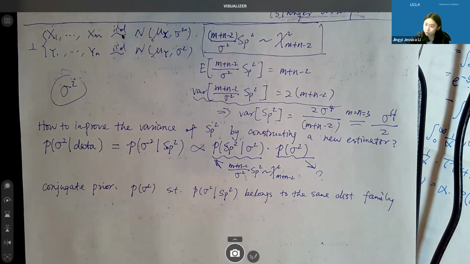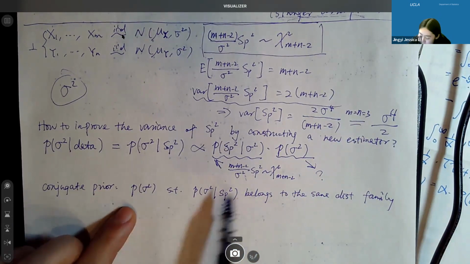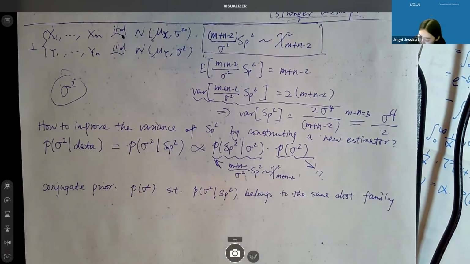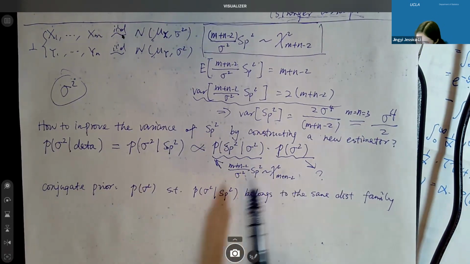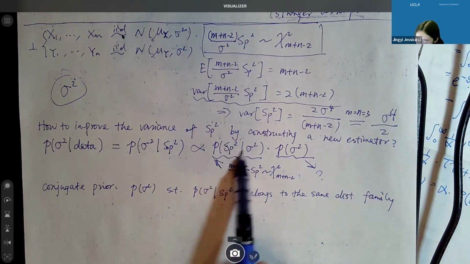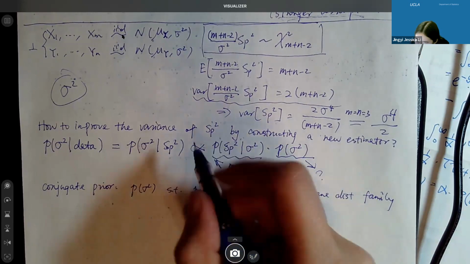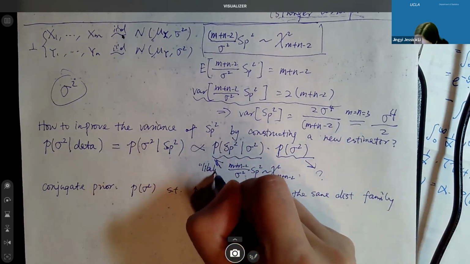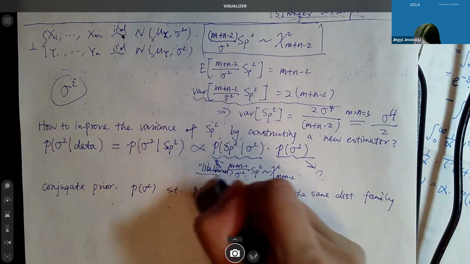So to really make this happen, mathematically, look at this relation. We really need the prior to have some common terms involved with this term. This is what we call the likelihood function.